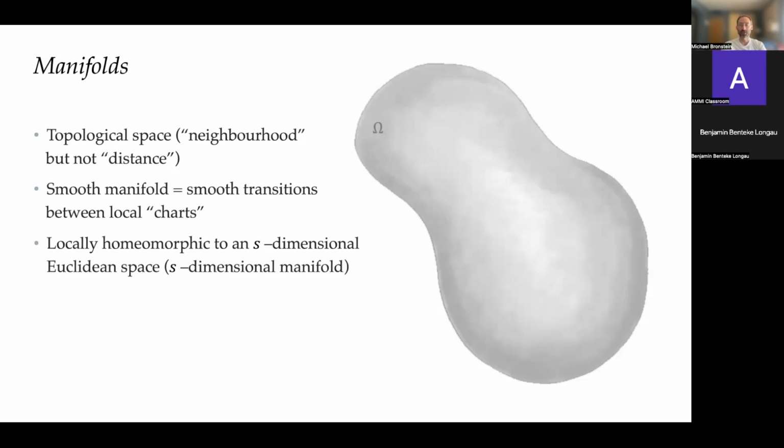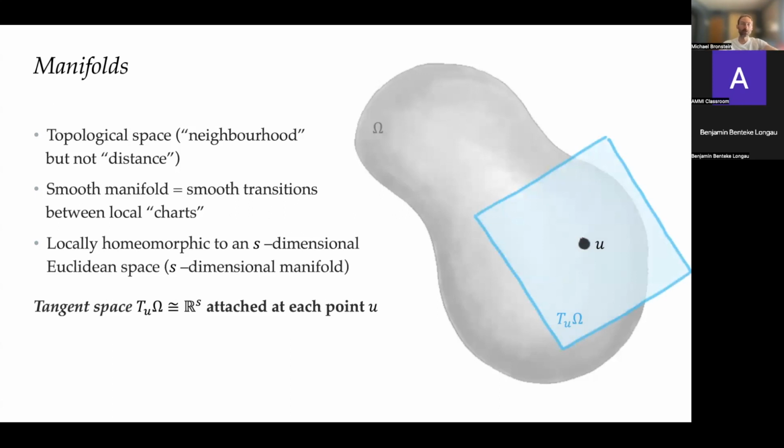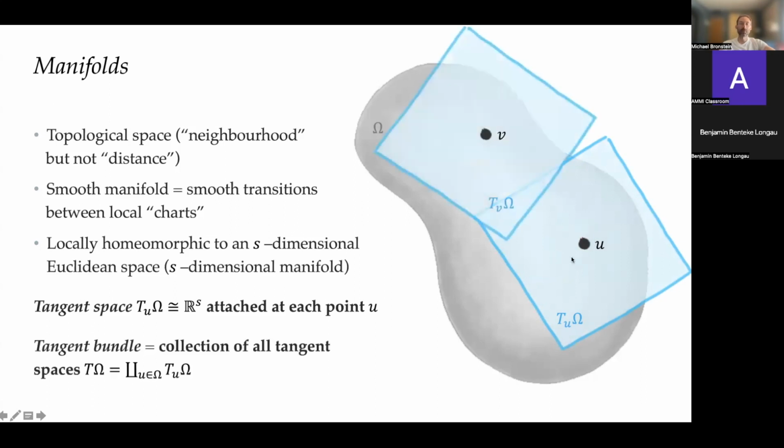Since in most cases we'll be talking about surfaces, these are two-dimensional manifolds, and they are locally topologically equivalent, or homeomorphic, to a plane. This is what we call the tangent space or the tangent plane. You can think of it as attached to every point, and we call the collection of all the tangent spaces the tangent bundle. Again, some technical subtlety: this is what is called the disjoint union, so we consider the same spaces differently if they're attached to different points.